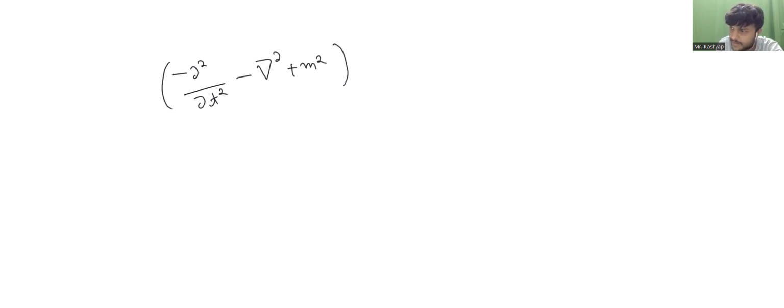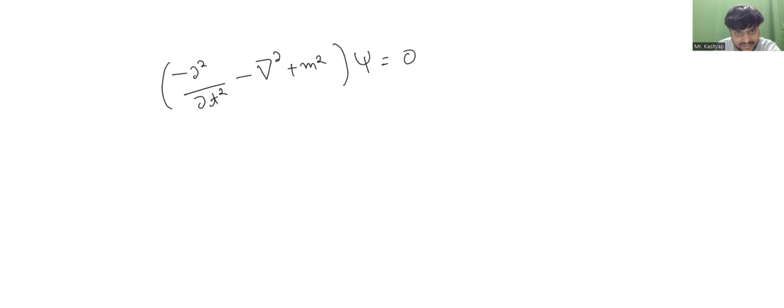What do we get? We will get minus dou squared by dou t squared minus del squared plus m squared into psi will be equal to 0. This is basically the KG equation.